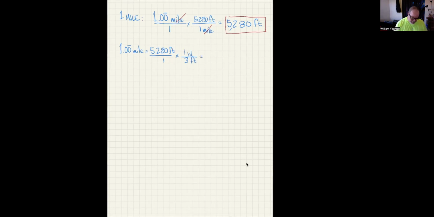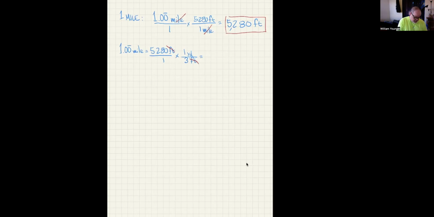Of course, I multiply numerator times numerator, and that'll give me the new numerator. I'll multiply denominator times denominator, that'll give me the new denominator. 5,280 times 1 is just 5,280, and then 1 times 3 is just 3, so I end up dividing 5,280 by 3, and I get an ultimate unit of yards.